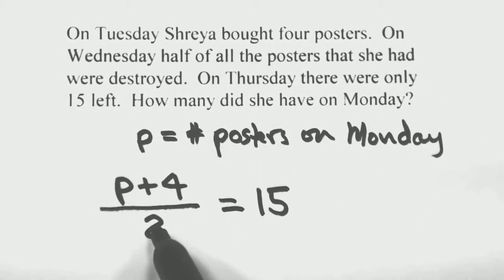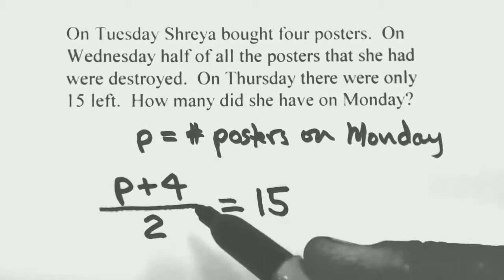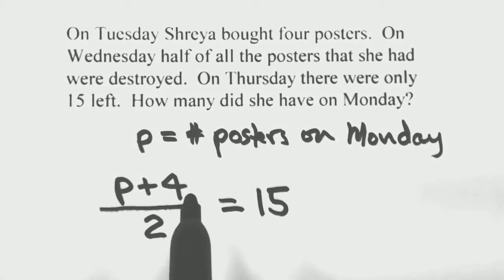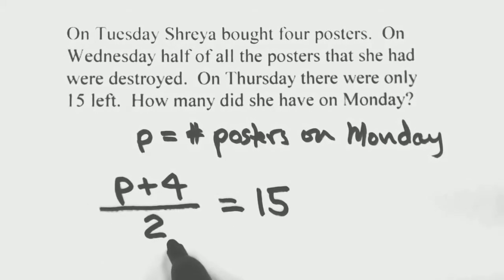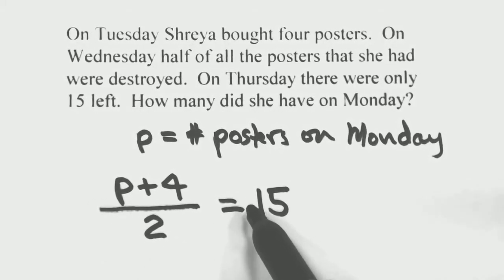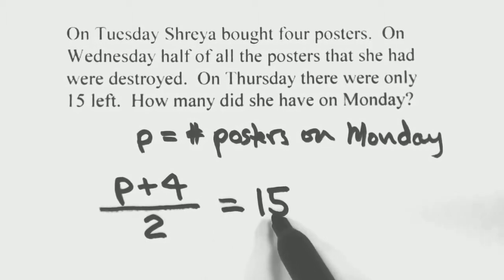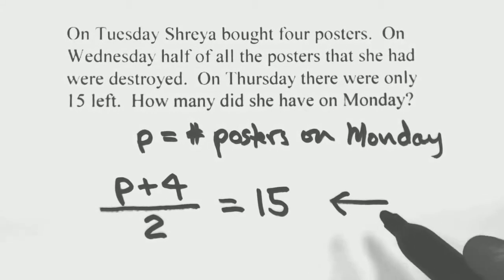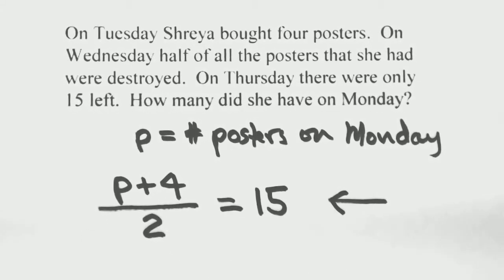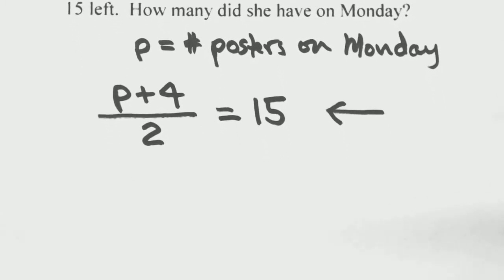So if we divide that whole amount by 2, that represents half destroyed, and of course, half she still has. We'll think of this as the half she still has. And of course, how many did she have on Thursday after all this happened? She had 15. Okay, well, here's our equation, and of course, that's one of the things that we'll have to give. You could use a different variable, but you'll have something like this.